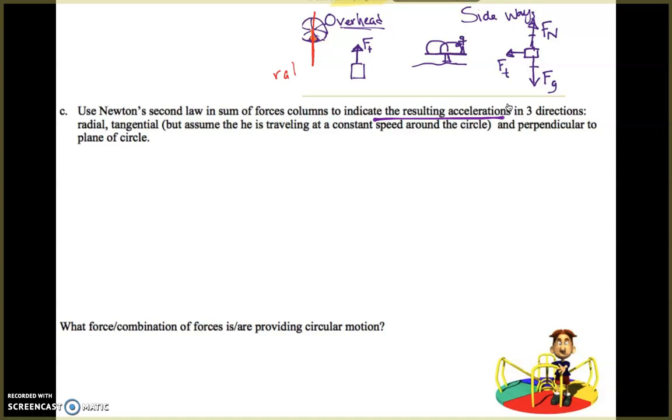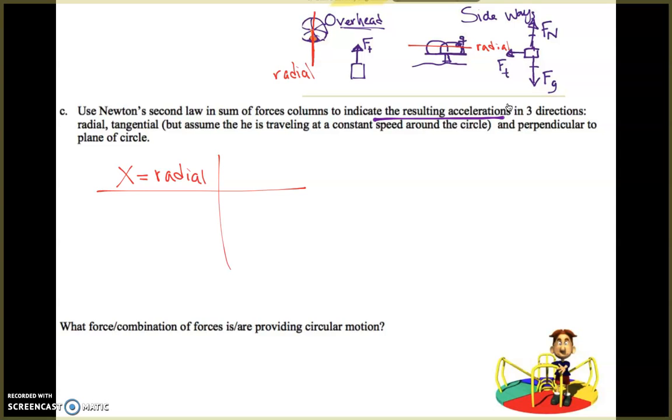This would be radial in that picture, and radial in this picture, again, is going to be along the radius of the circle. This is where having 2 different versions of my free body diagrams comes in really handy. Our radial direction, I might call the x direction, because it's the horizontal.